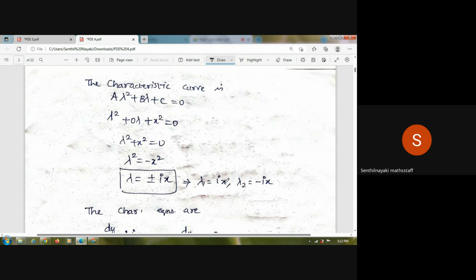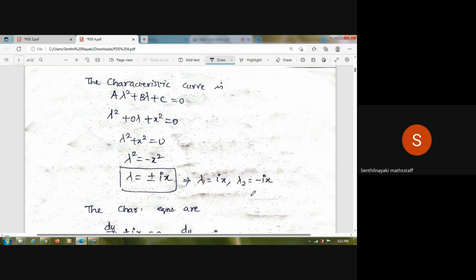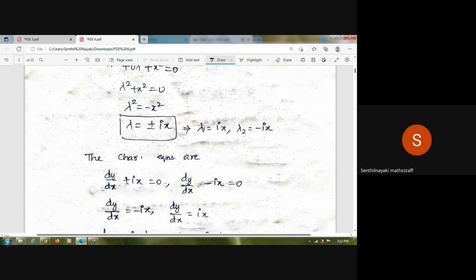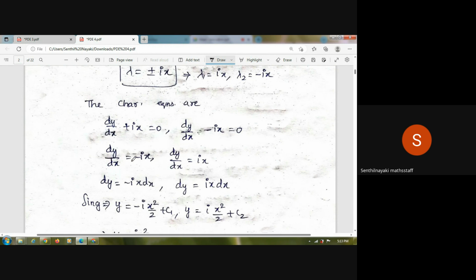So the first root is ix, the second root is minus ix. Therefore the characteristic equations are dy by dx plus ix equal to 0, and dy by dx minus ix equal to 0. So dy by dx equal to minus ix, dy by dx equal to plus ix.